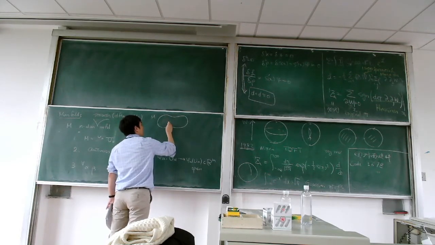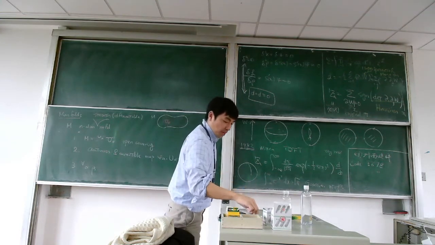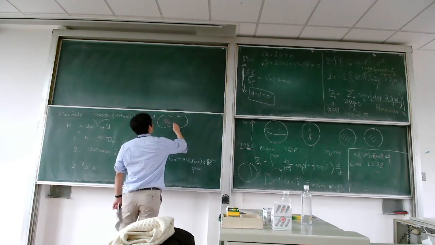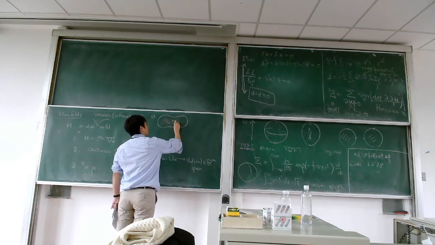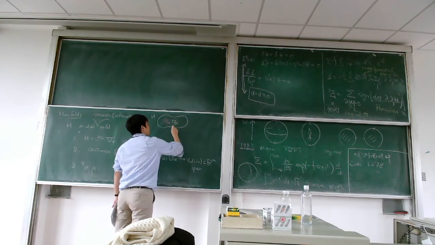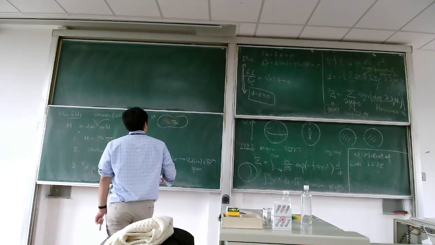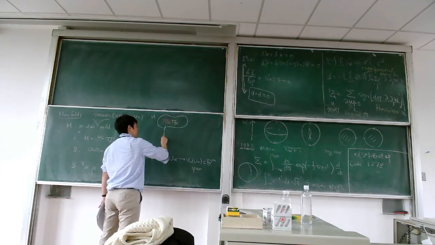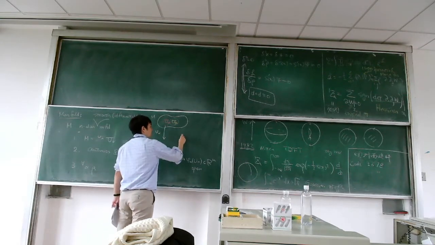So this is U alpha, and another open patch, U beta. Then there's a map phi alpha, which is inside Rn.